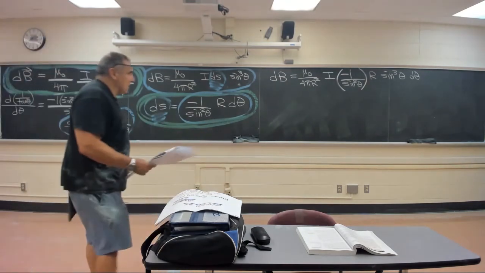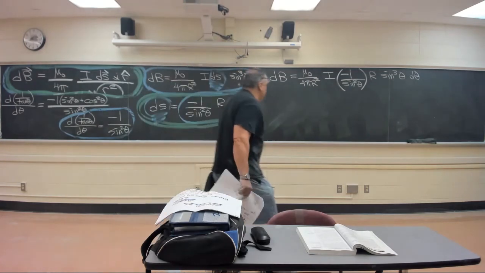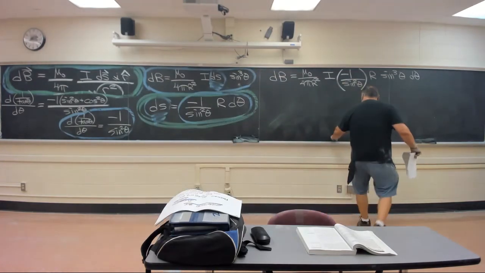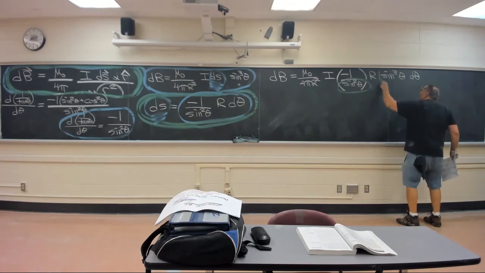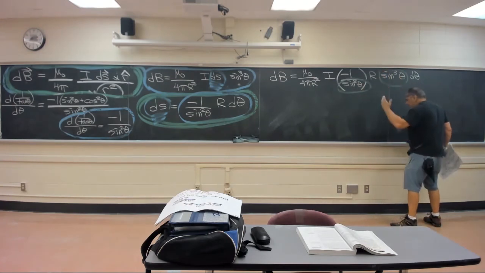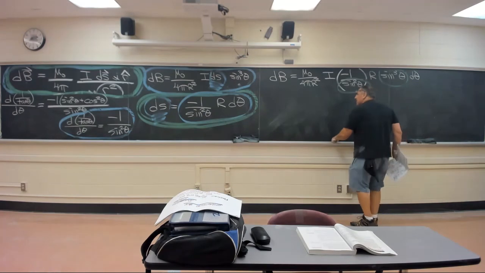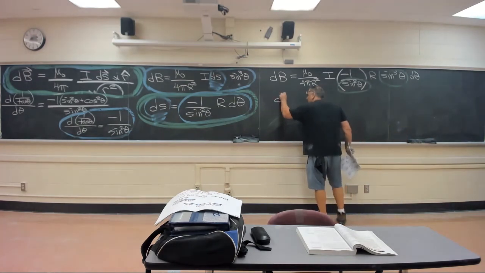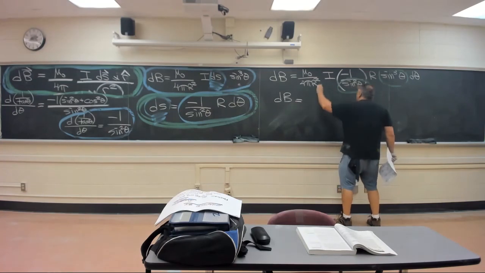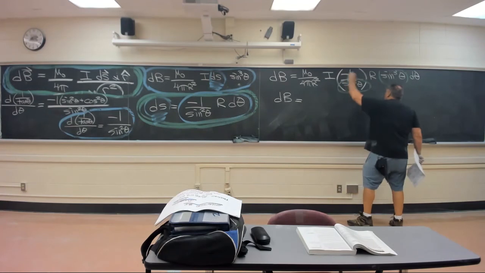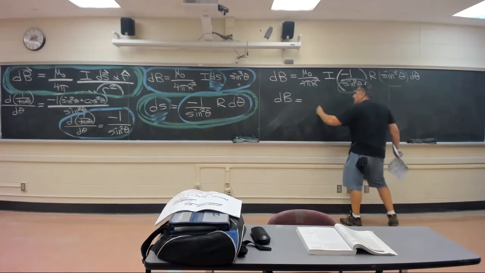Well, wow, there's just a lot coming right at us. But the biggest thing jumping out at everybody: here's sine squared theta, here's sine cubed theta. The rest is pretty basic stuff. dB. Oh yeah, here's an r squared right here, here's a capital R squared, here's a capital R. They cancel.